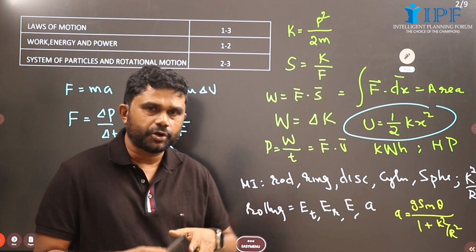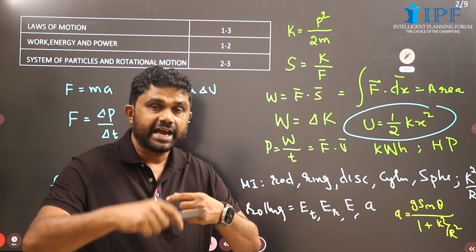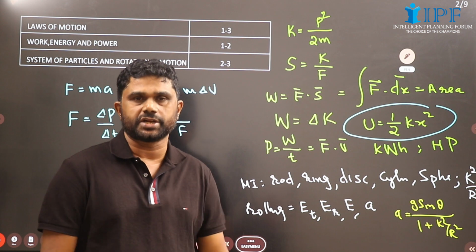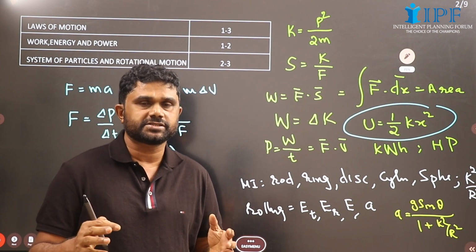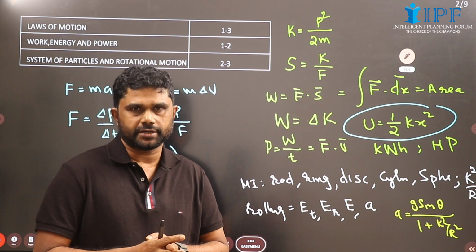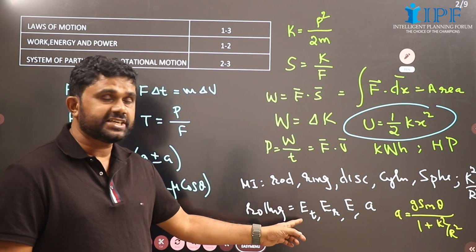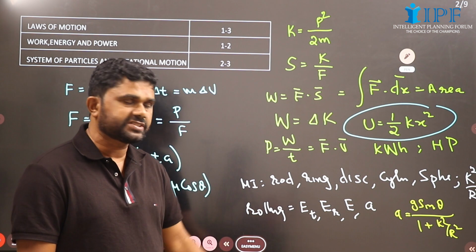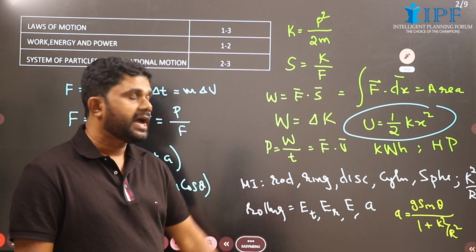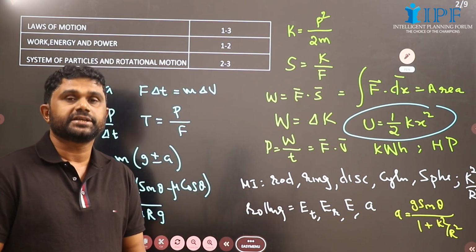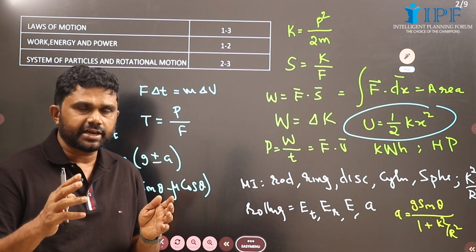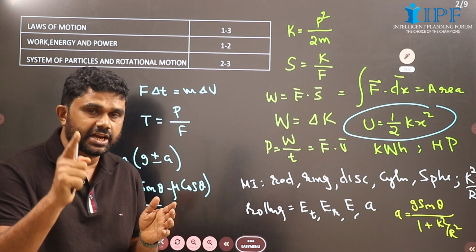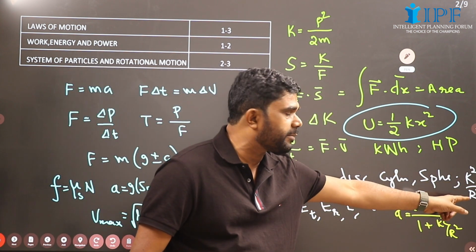Now see that k square by r square. A rolling body rotates and at the same time moves translationally. So it possesses rotational kinetic energy as well as translational kinetic energy. E with the suffix T is translational kinetic energy, E with the suffix R is rotational kinetic energy, and E is the total kinetic energy. Rotational kinetic energy divided by translational kinetic energy equals K square by R square.